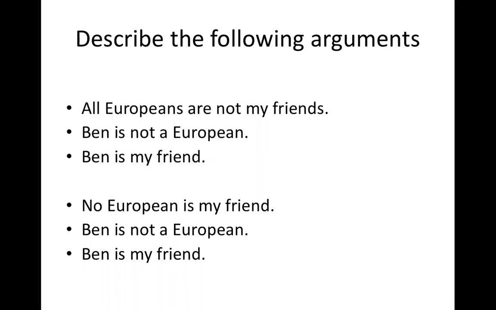Now, if you look at it, you see that there are two negatives. There's a negative in the first premise, there's a negative in the second premise. So two negatives will give you a positive. So if the second premise is not negative, it will say Ben is a European. So Ben is a European is what? It affirms the antecedent. So this is an argument that affirms the antecedent.